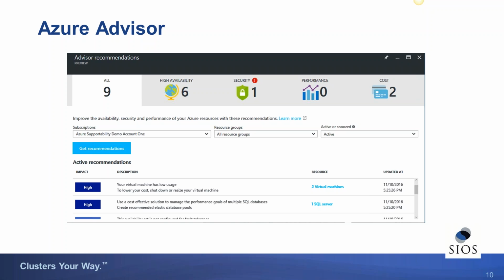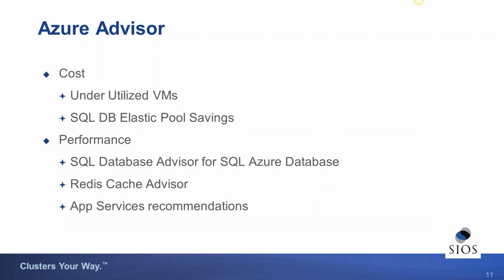This is a snapshot of an active environment that has some issues that you might want to take care of. We'll take a look at this as well in the demo at the end. If you dig in a little bit deeper, under the cost category it's looking at underutilized VMs, and also diving more into the Azure Platform as a Service, the SQL Db elastic pool savings.